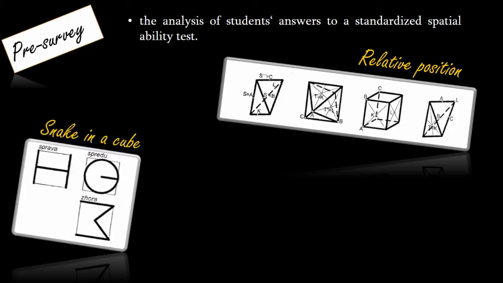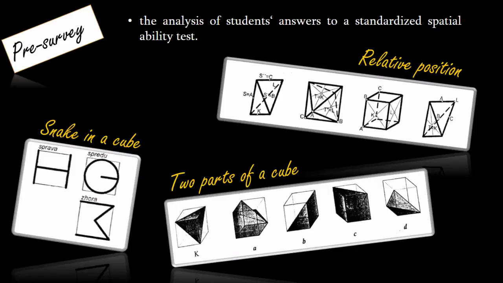In the second part, the students took one standardized test, a spatial ability test, and we were interested in the level of spatial visualization. This test is composed of 3 subtests. The first one is relative positions, so students had to find out what is the relation between lines and the plane.